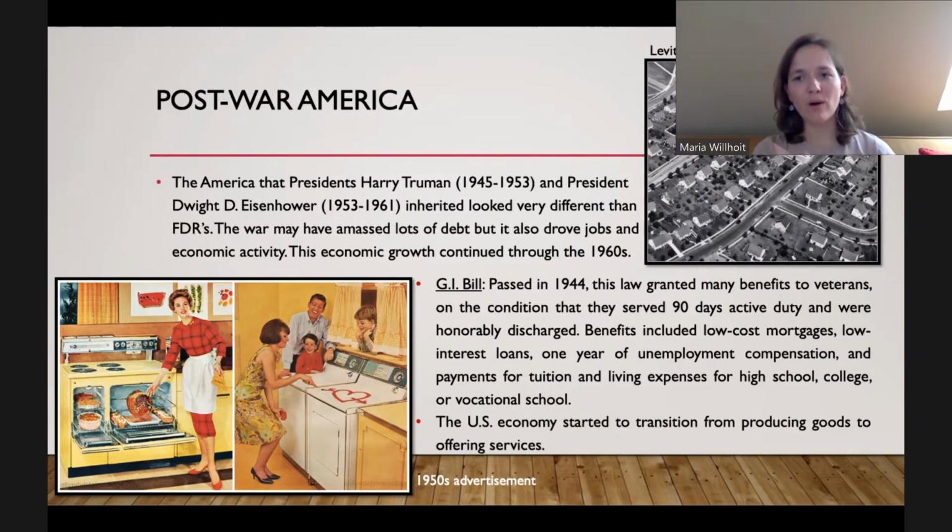It's a row of houses that were all created, kind of alike, but they were built at a low cost, and they were built so that people who had low cost mortgages, who didn't have a lot of money but weren't really poor, could afford to have a house. So a lot of soldiers were able to go to these houses and buy them at a very low cost. And again, they're very inexpensive because they're not made from very expensive materials.